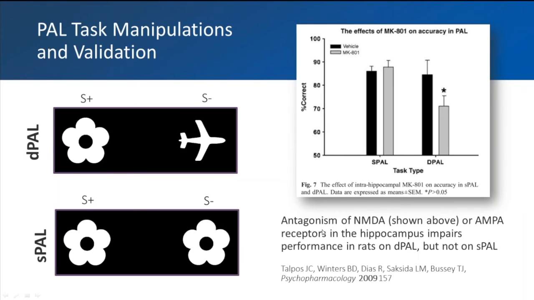Antagonism of NMDA and AMPA receptors impairs performance on the DPAL, but not on the SPAL. And this is believed because the SPAL can be solved by a go right, go left strategy, rather than remembering precise positions.